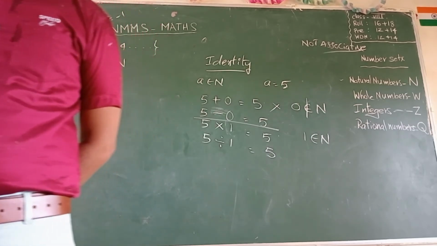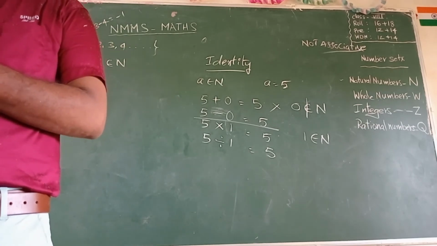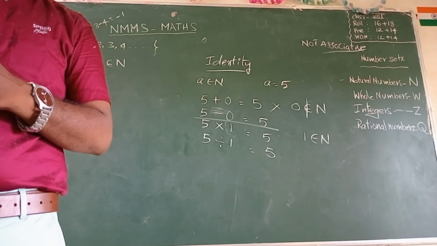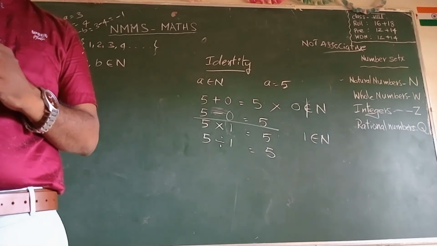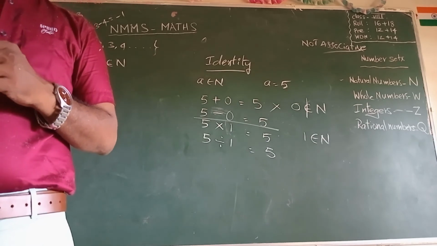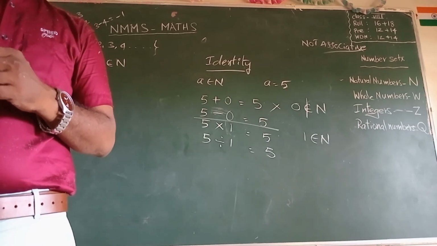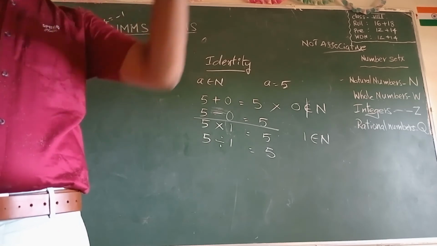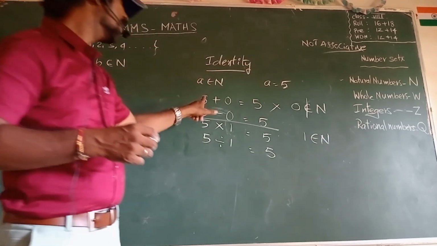Additive identity under addition: that number which, when added to any number, gives the same number as the answer, is called the additive identity. Similarly, if you take a number and multiply with any number, we have to get the same number. Like this, I am taking 5.